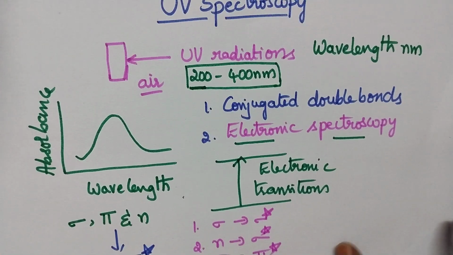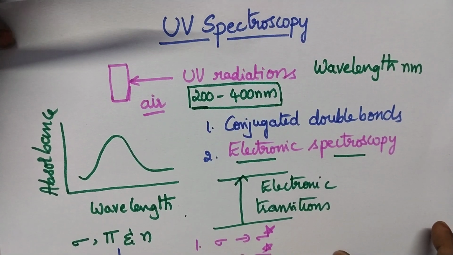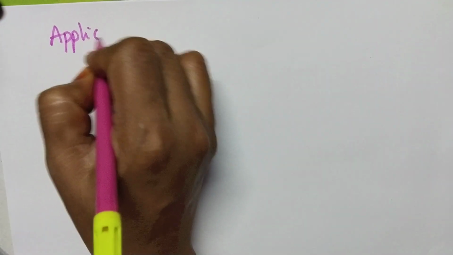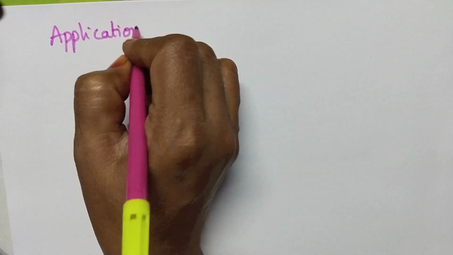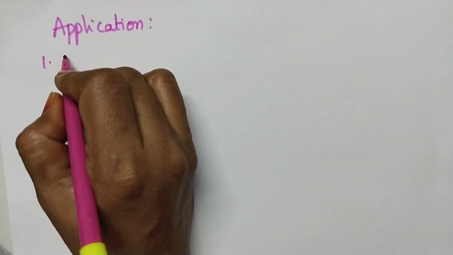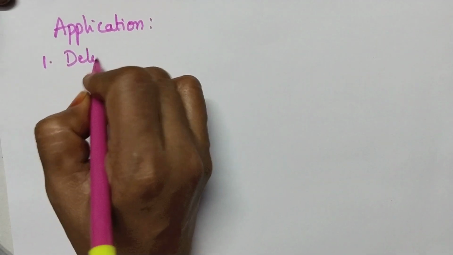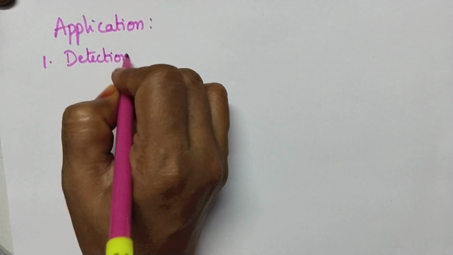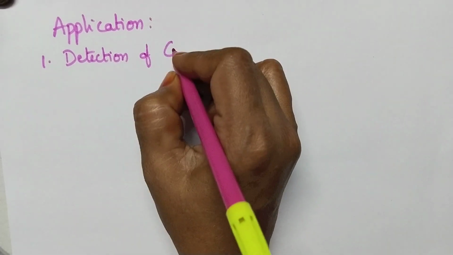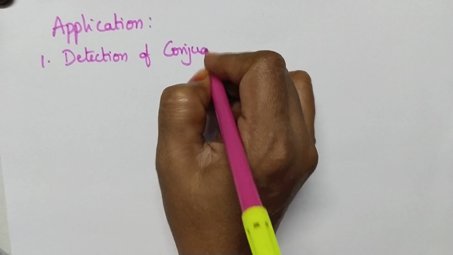So let me discuss the important applications of UV spectroscopy. Coming to the important applications, UV spectroscopy is highly useful for the detection of conjugated systems.